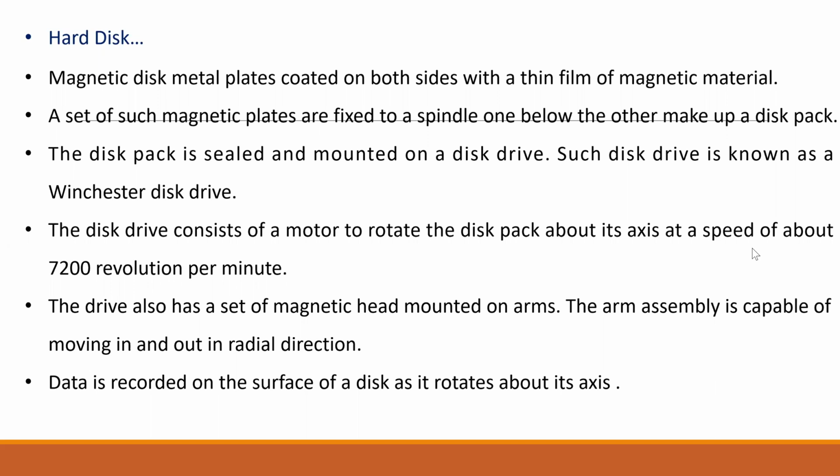So the disk drive consists of a motor. Of course, to rotate the plates we need motors. This motor rotates about its axis at a speed of about 7200 revolutions per minute. Means in a minute that motor rotates those plates 7200 times.